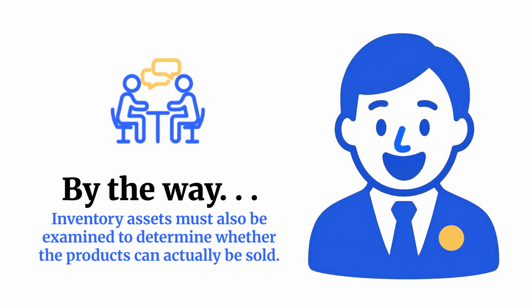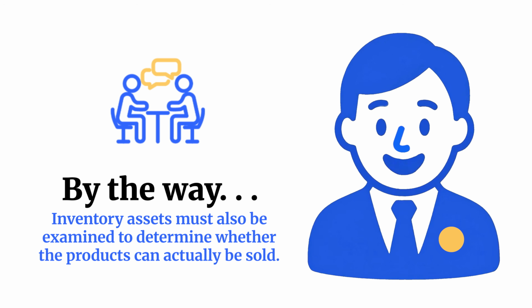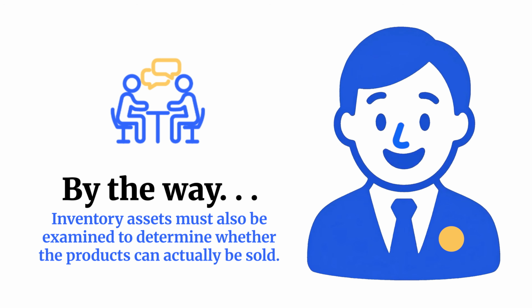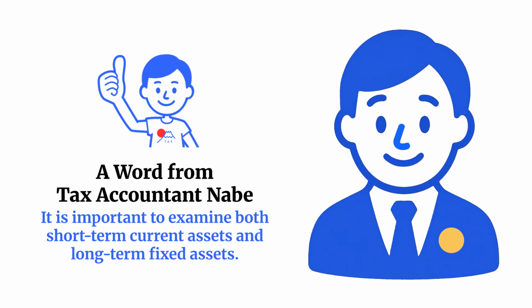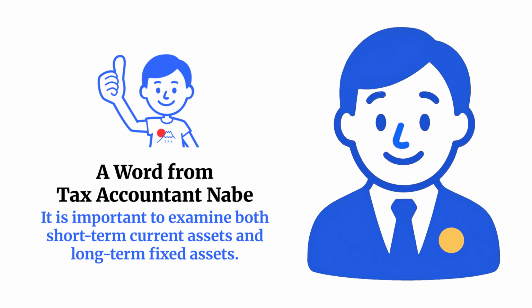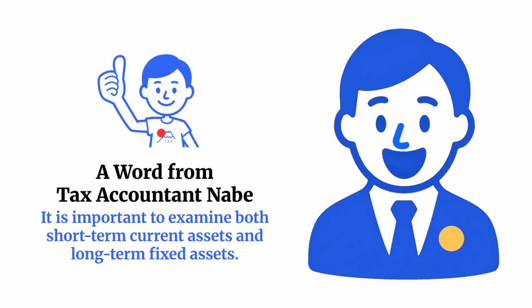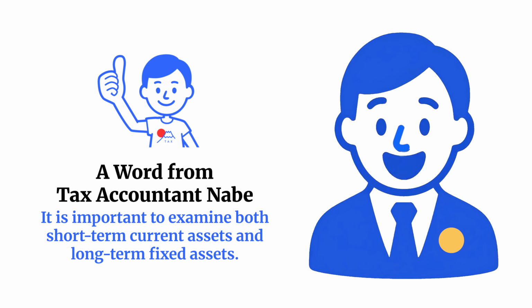Only by looking through both the short-term and long-term lenses can you fully and accurately understand the overall picture of the business. This is the first step toward a smart acquisition. Finally, ask yourself this question.